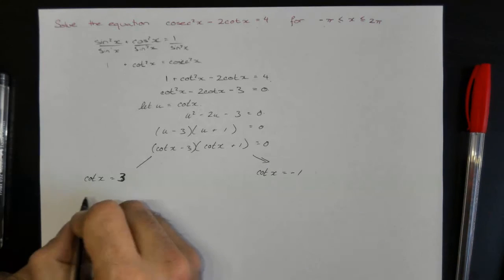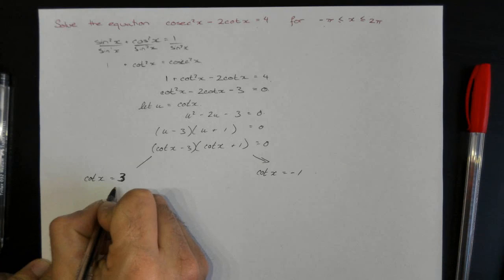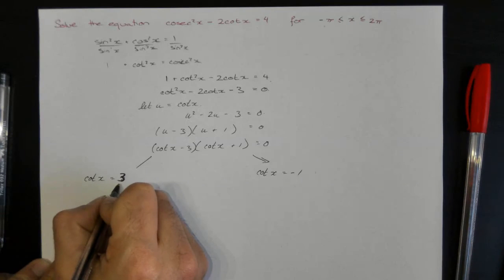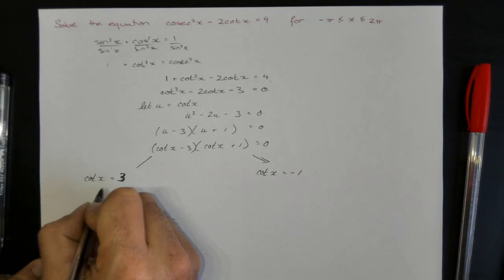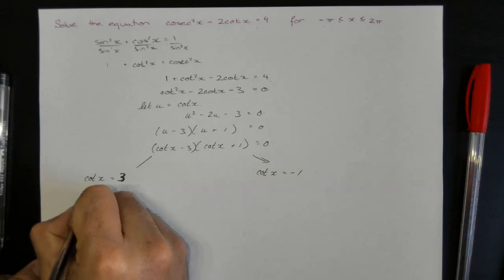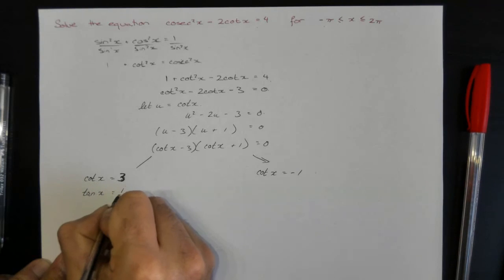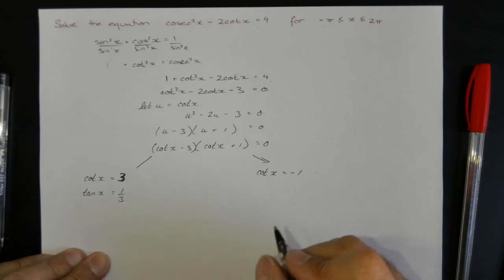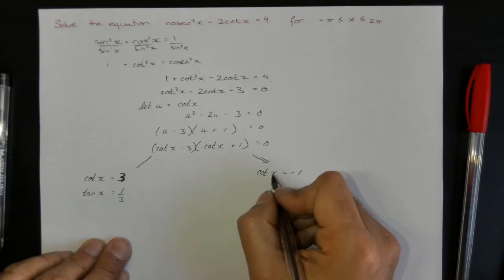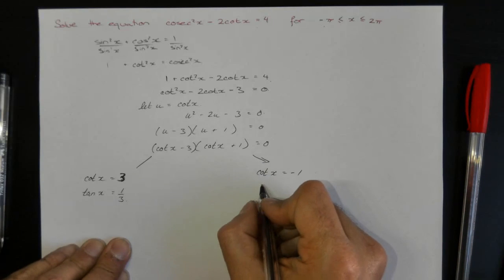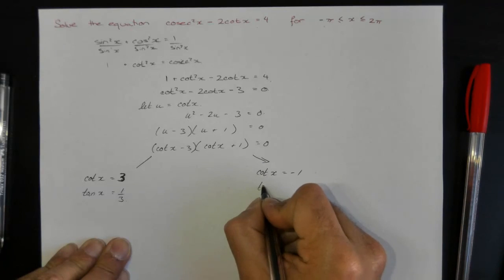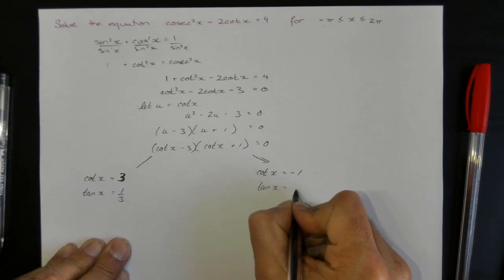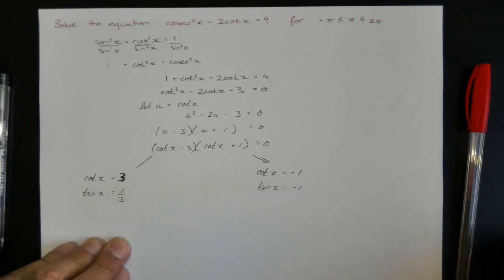Cot x equaling 3 is the same as tan x equaling a third, and cot x equaling negative 1 is the same as tan x equaling negative 1.